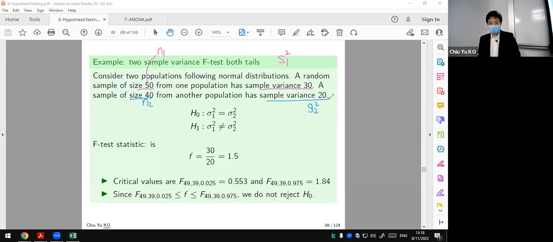So the F test is very simple, just the ratio of the two. That's very simple, it's 1.5.